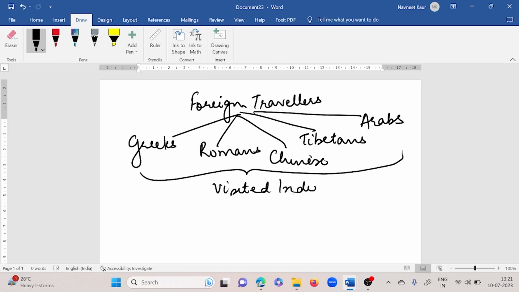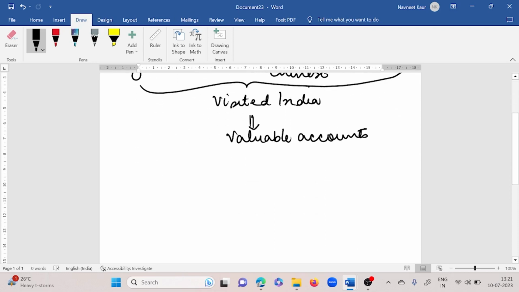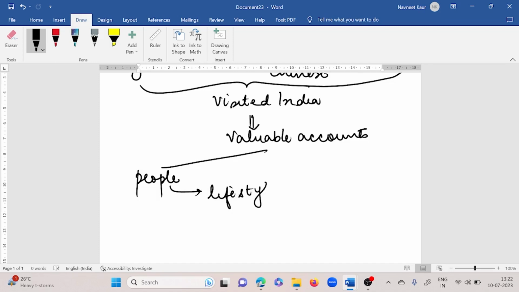They visited India from time to time and they left valuable accounts about the people, their lifestyles, their customs, and traditions.